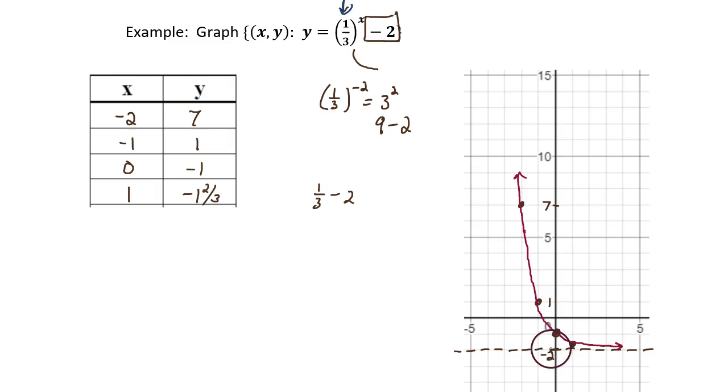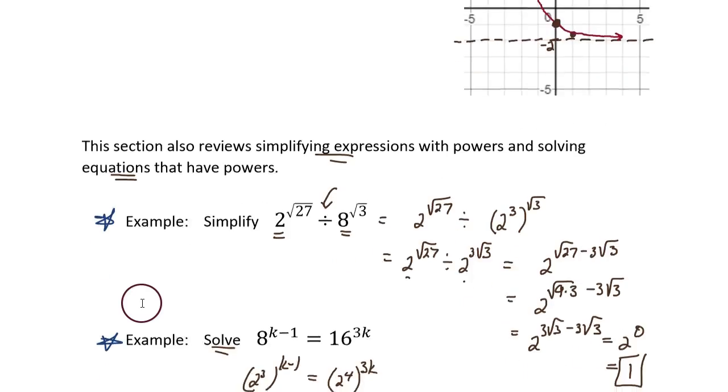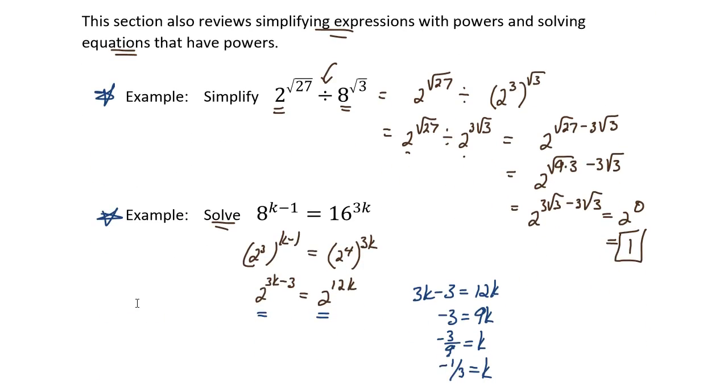In that second example, we even had an asymptote line that wasn't the x-axis, and that was caused by that -2 on the end of the whole thing. Other part of this lesson was about rewriting expressions so that they have the same base, because that allows you to simplify and it allows you to solve equations.